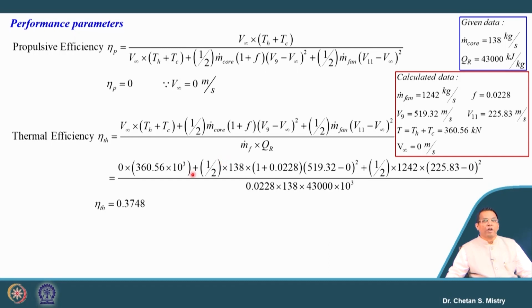Now, next we have our overall efficiency. This overall efficiency we calculate based on propulsive efficiency and thermal efficiency. This is also known as thermopropulsive efficiency. Since my propulsive efficiency is 0, our overall efficiency will go to 0.